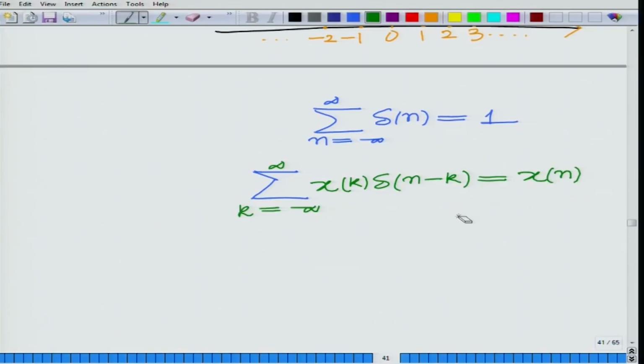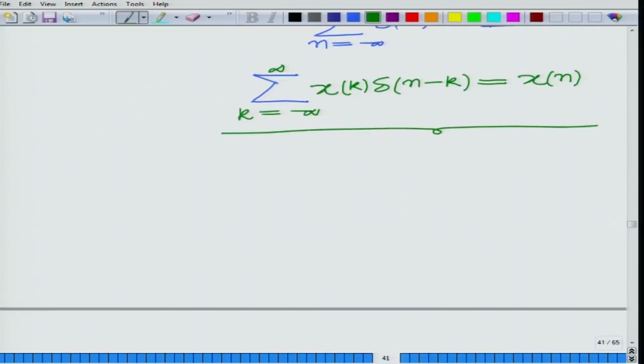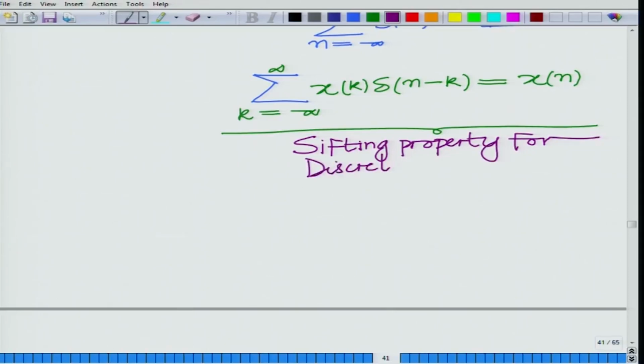This is basically the shifting property of the unit impulse function, or the shifting property for discrete time signals.